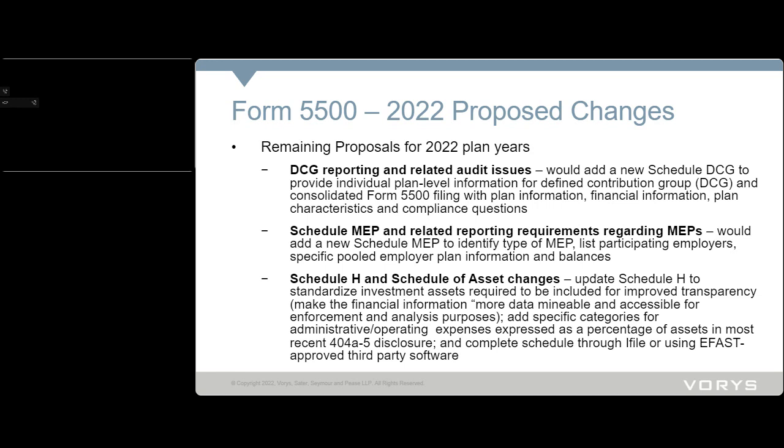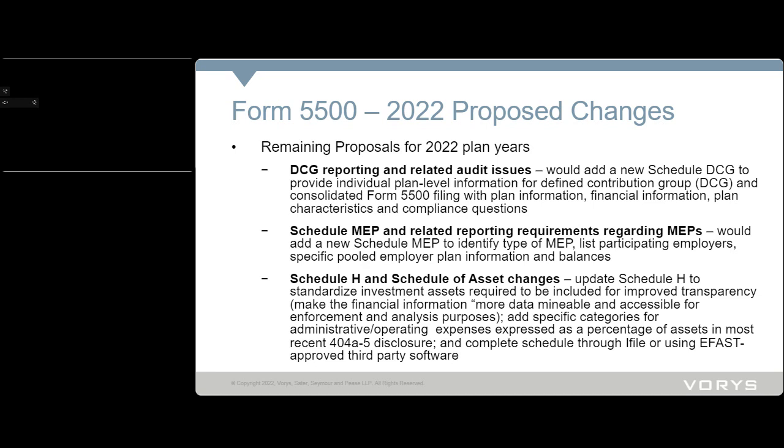It would add specific categories for reporting administrative operating expenses that are expressed as a percentage of assets based on most recent participant fee disclosure or ERISA 408(b)(2) disclosures. And you'd have to complete the schedule through iFile or using EFAST-approved third-party software. So again, these are just proposed. Comments are still being considered by the departments with respect to these items.